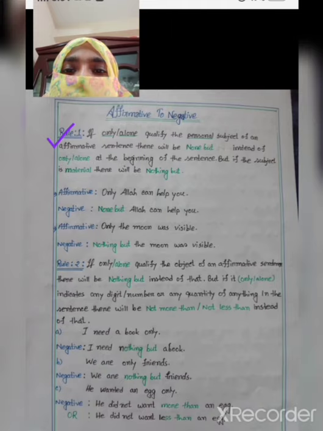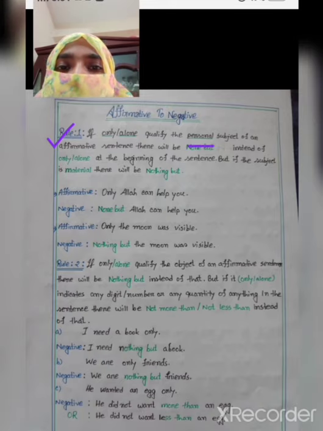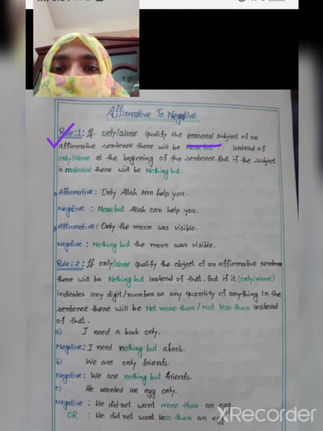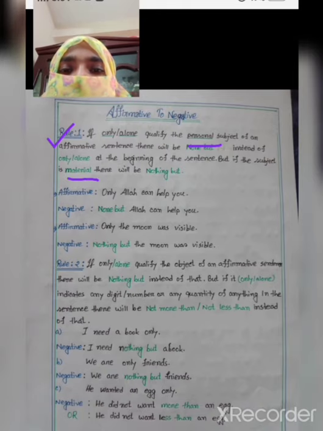But if the subject is material, there will be nothing but. অর্থাৎ বাক্যের সাবজেক্টটি যদি পার্সোনাল অর্থাৎ ব্যক্তিবাচক হয় তাহলে আমরা বাক্যের শুরুতে বসাবো নান বাট, কিন্তু বাক্যের সাবজেক্টটি যদি বস্তুবাচক হয় অর্থাৎ ম্যাটেরিয়াল হয়, we will use there nothing but instead of only or alone. These both words will be used at the beginning of the sentence.